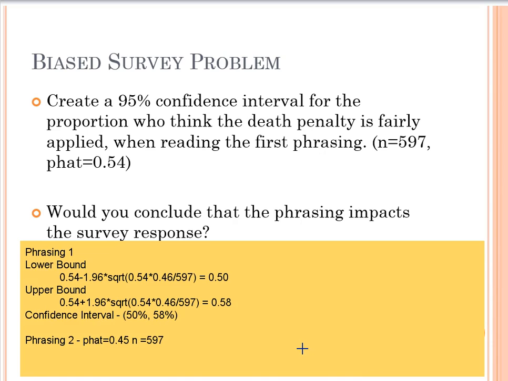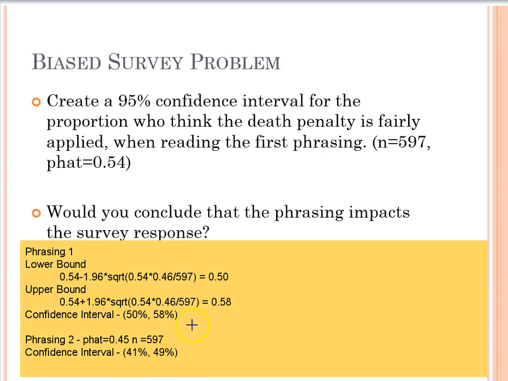If you put the word fair first, then more people say that the death penalty is fairly applied. But if you put the word unfair first, then more people say that the death penalty is unfairly applied. You could also construct a confidence interval for this second phrasing, and here I've done that, and I'm going to leave it up to you to actually calculate these numbers, but these are the numbers that I get.